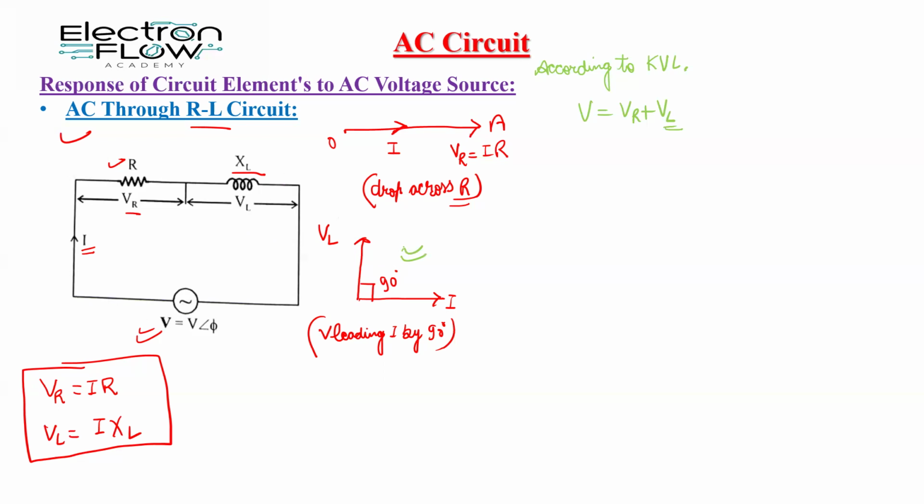Therefore, the operator j is used to denote this lead. So we have to write the equation as V equals VR plus j VL.